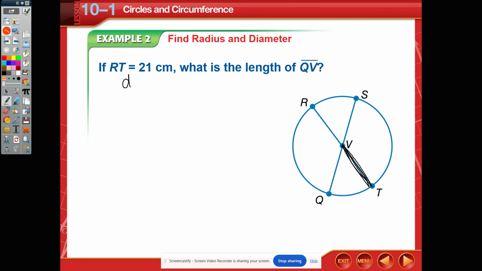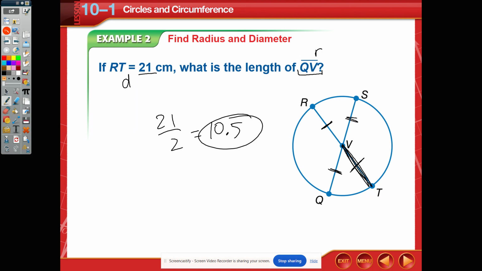All radii are the same because they're all the same distance from the outside to the center. So I know that since QV is a radius, it's just half of 21. So I take 21, divide by 2, and I get 10.5. And so my final answer is 10.5. So I know that this, and this are all 10.5 because they're all radii.